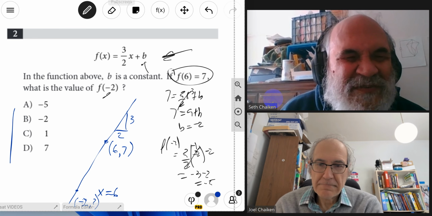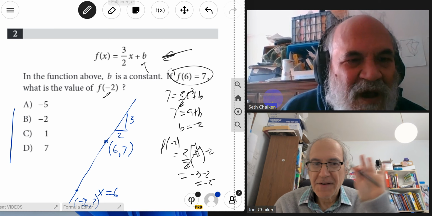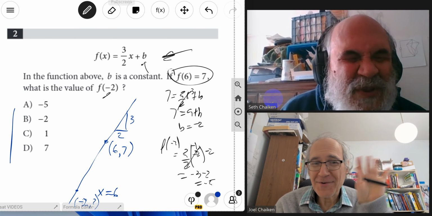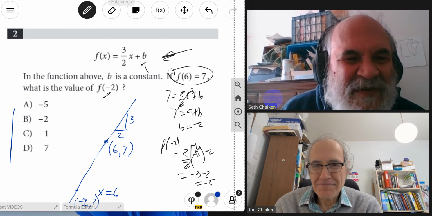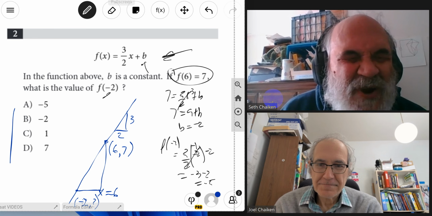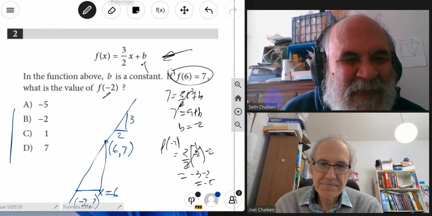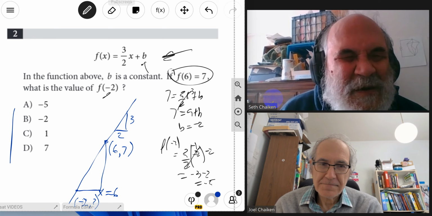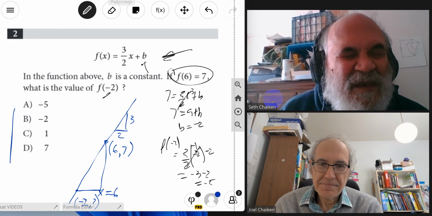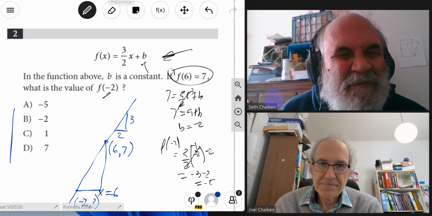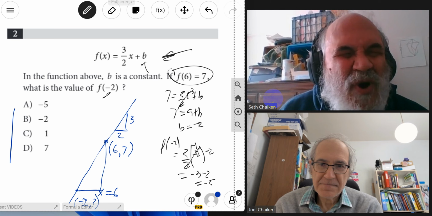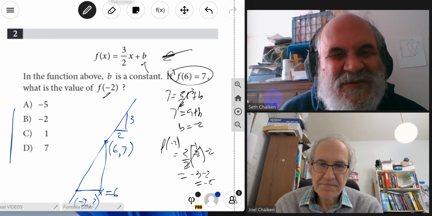And so what's the situation? We know the slope is 3/2. So let's draw the triangle that manifests the slope. What this is telling you is something about how the value y, when y equals f of x, changes when x changes.